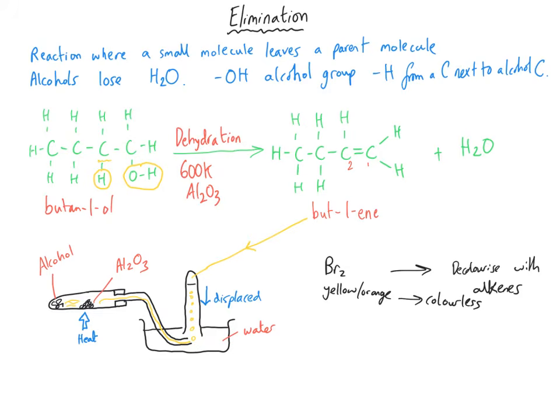And last of all, you might be required to write an overall equation for this process. So if we just pick ethanol, just because that's a little bit easier to write and I can fit it into this space, there is our ethanol, and it is going to turn into ethene and water. Over the arrow, let's add our temperature and our catalyst again.